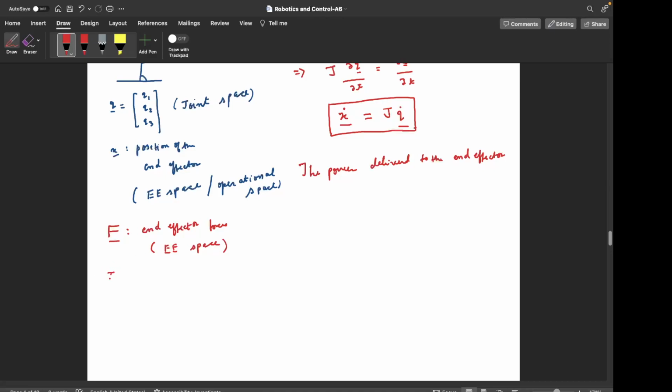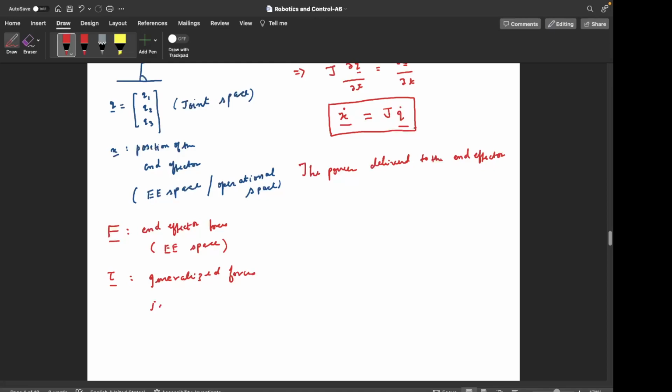And this torque, generally we say it as a torque, but more formally it can be said that these are generalized forces, or you can say that they are forces in the joint space.